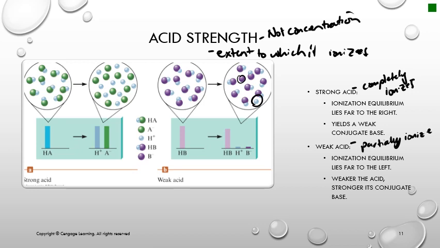We have 6 strong acids that you need to memorize. Your list of strong acids. We have the hydrohalic acids, HCl, HBr, HI. We have our polyprotic acid, which would be H2SO4.